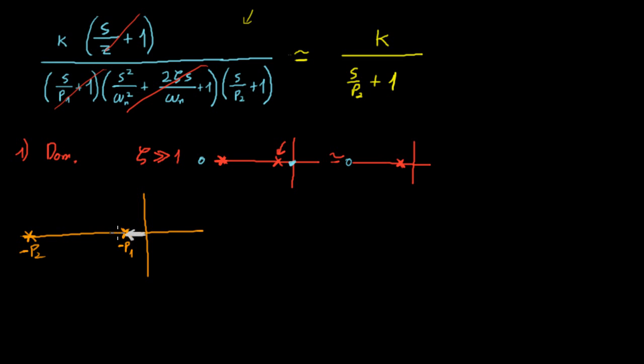In our case, 5 times, although you could use 4 or 6. It depends on what you prefer. So maybe this would be 4 and 5, and we can draw this semicircle, and p2 would be out of it. And therefore we could disregard p2 and approximate the system just by one of first order with minus p1 as its pole.